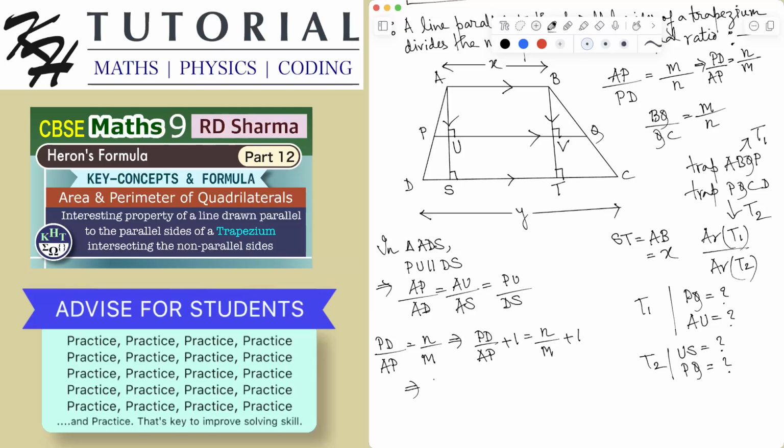This implies PD plus AP by AP is equal to N plus M by M.